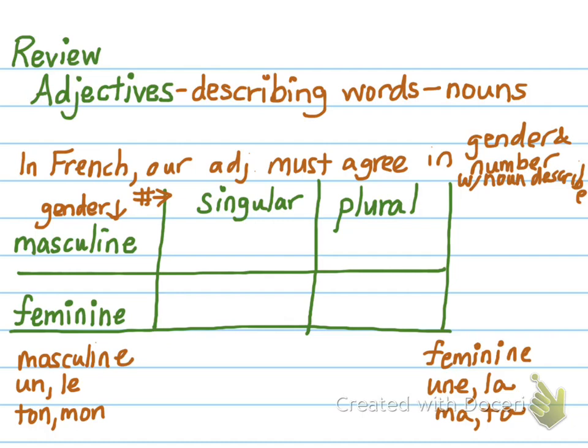And remember, we kind of put an X here when we talk about how to make them agree, because again, this is the form that you're going to be given in a dictionary, on a vocab list, etc. You're always given the masculine singular form of the adjective. So the question is, what do I do to that masculine singular adjective to make it feminine and singular? You add an E to the end of the adjective.